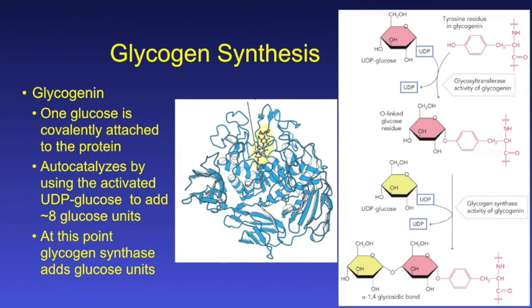It will use UDP glucose as the activated glucose source, and so it will add 1 glucose to a tyrosine. There's 1. And it will continue to add glucoses to about 8 glucose units, which is long enough for the limitation of having at least 4 before the glycogen synthesis can start.